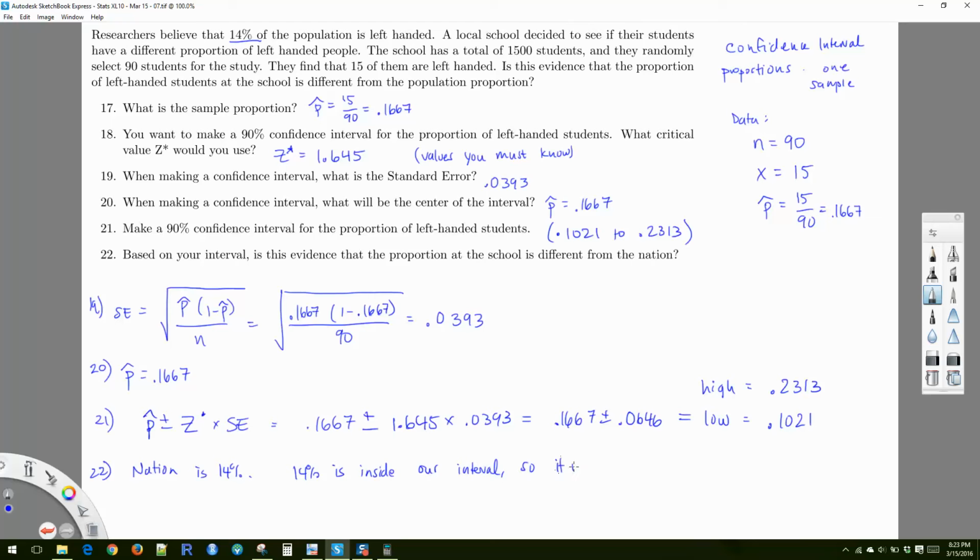So it is a plausible value. Therefore, we do not have evidence that the proportion of left-handed students at our school is different.